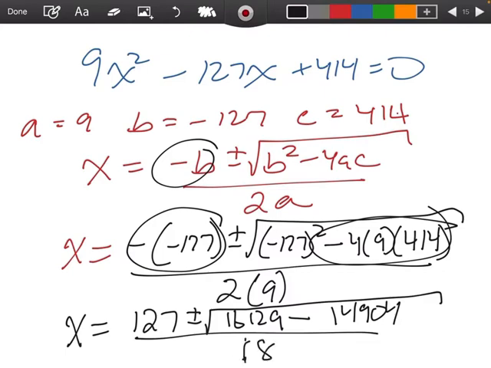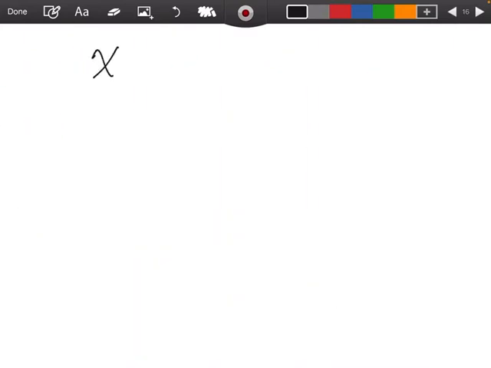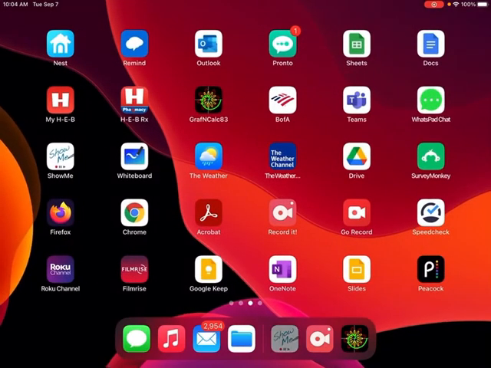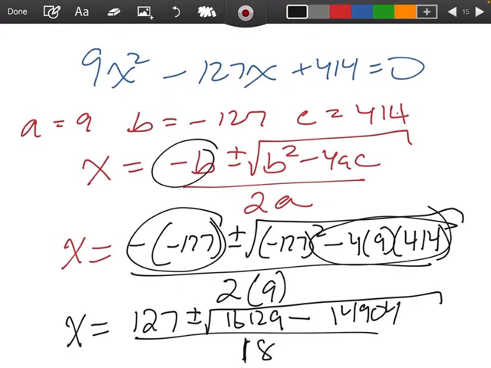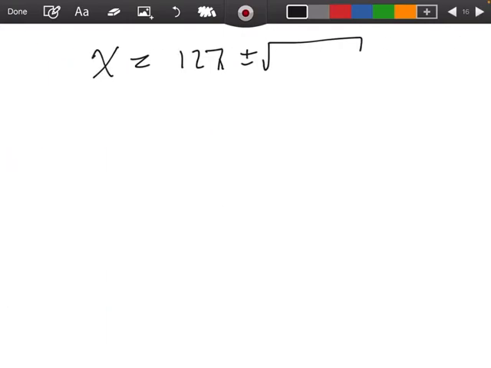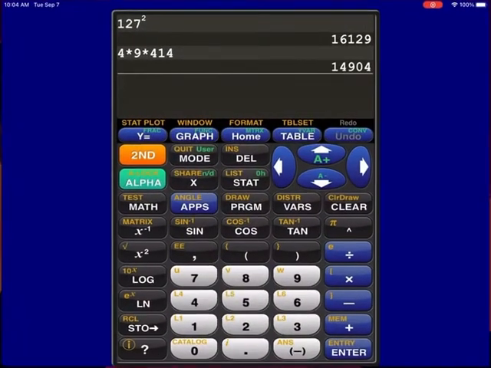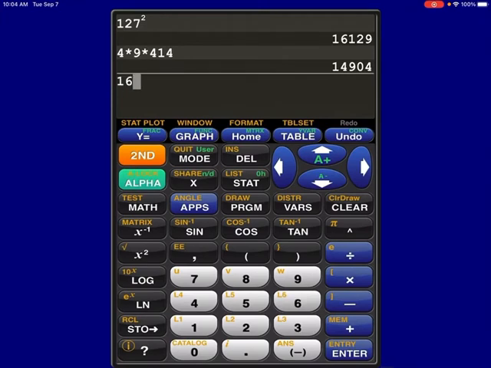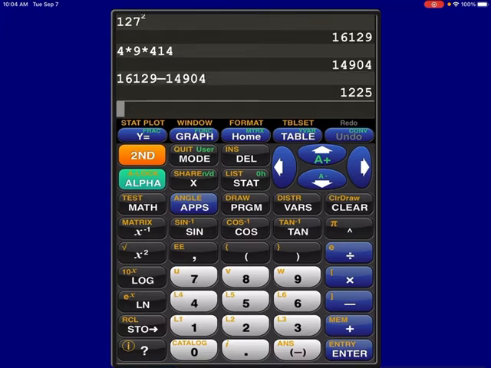Okay. And so now on the next page, we're going to write x equals 127 plus or minus the big square root. Let's go ahead and subtract 16,129 minus 14,904, which is 1225.